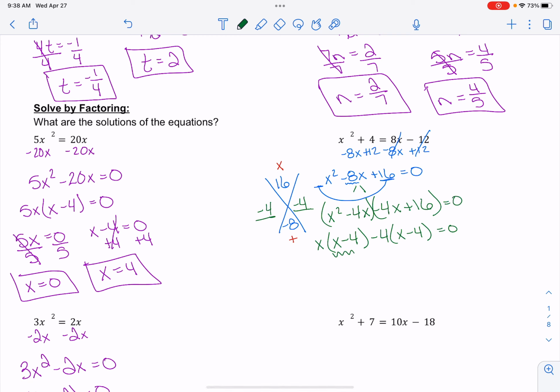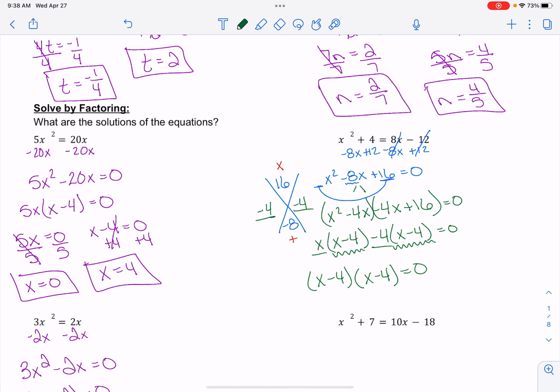Remember again that these parentheses need to match. If they do not match, go back, double check that you did everything correctly, because if they don't match, something went wrong. So we take these outside terms and put them in parentheses, and then those matching parentheses, those come down as their own.